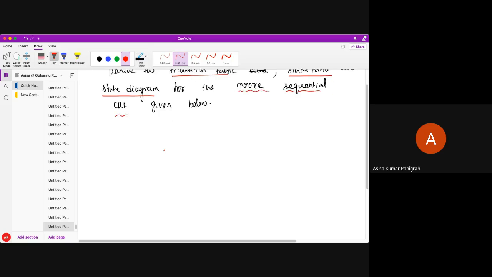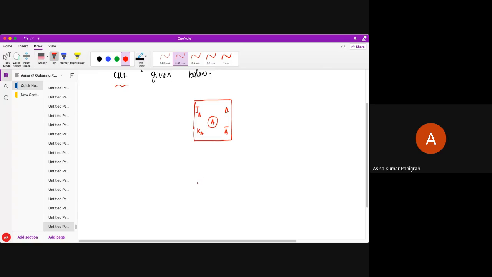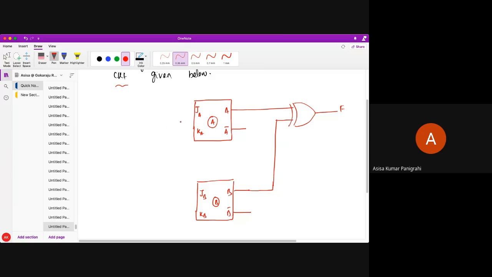Okay, so how the circuit is, I am just drawing here. Just see here. So this is my JA, KA, A bar, and this is flip-flop A. This is my JB, KB, B bar, flip-flop B. This is my F, and there will be a clock pulse.